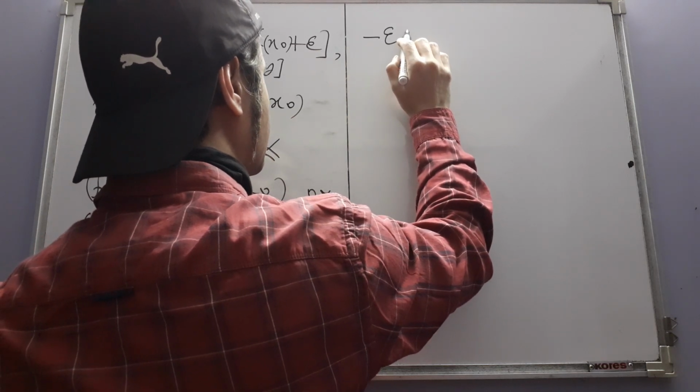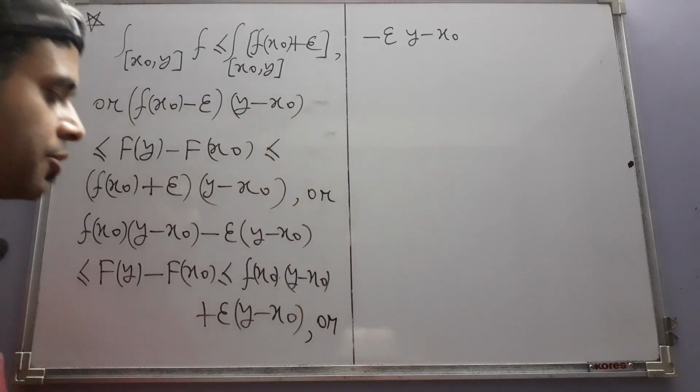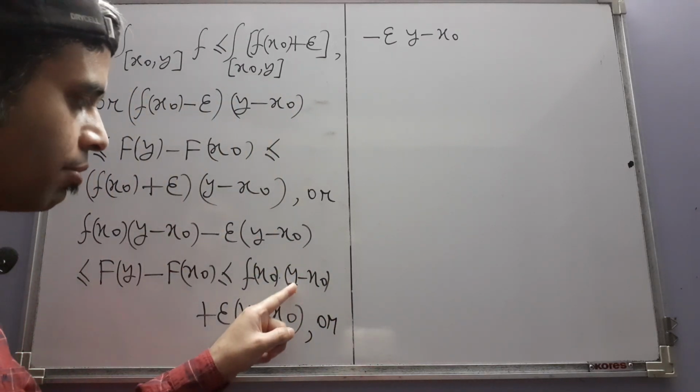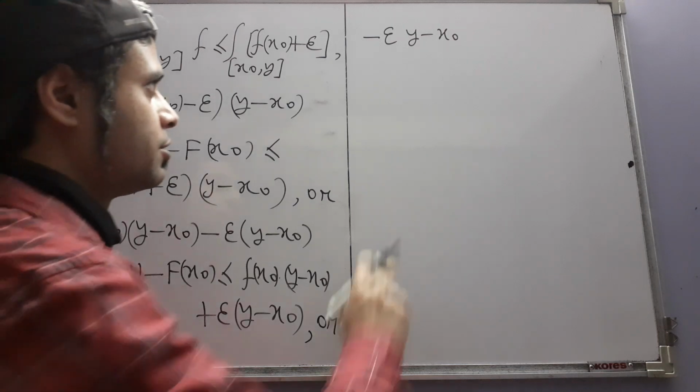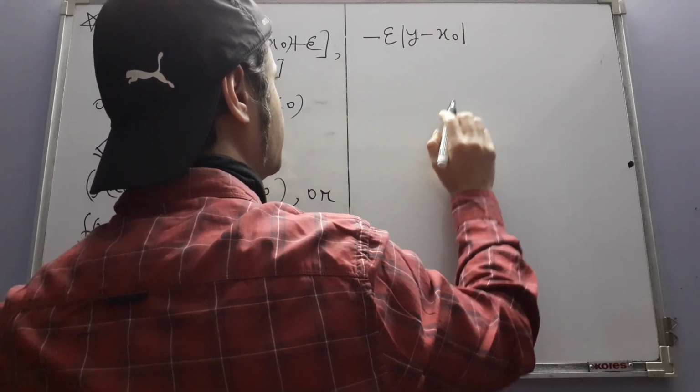Minus epsilon times y minus x naught. Note one more thing, that since according to how we have chosen these things, y is greater than x naught, this is positive. That means I can also write absolute value.